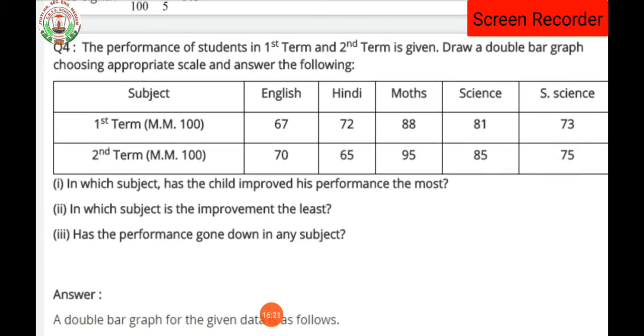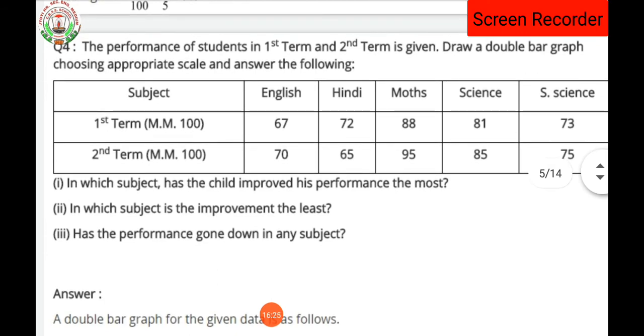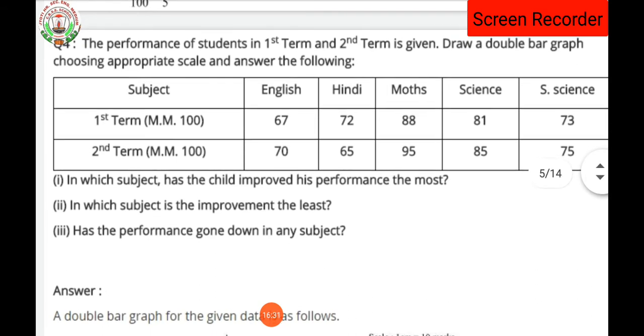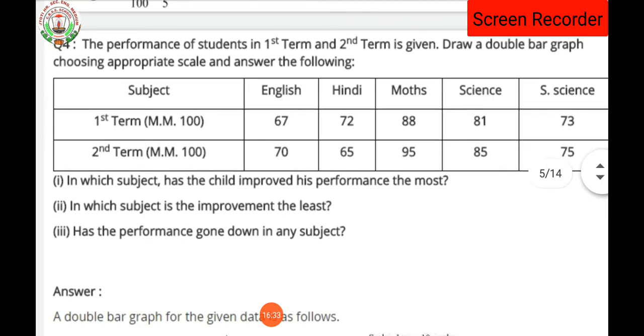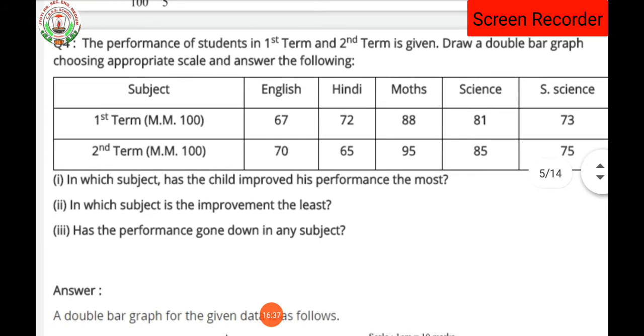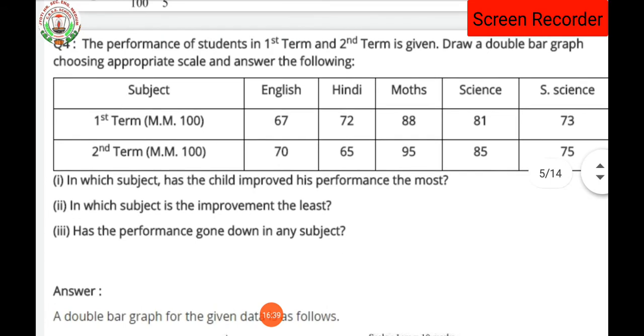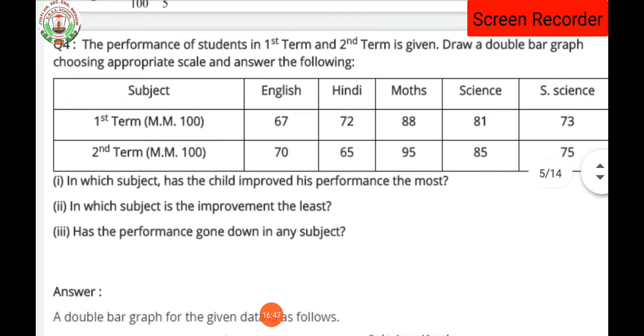We have to draw a double bar graph because the first term and second term marks are given out of 100, and the subjects are English, Hindi, Maths, then Science and General Science. In English the student got 67 in the first term and 70 in the second term. In Hindi they got 72 in the first term, then 65 in the second term, like that the marks are given.